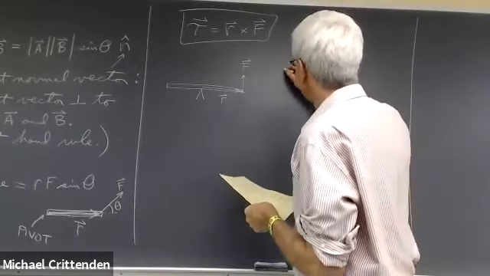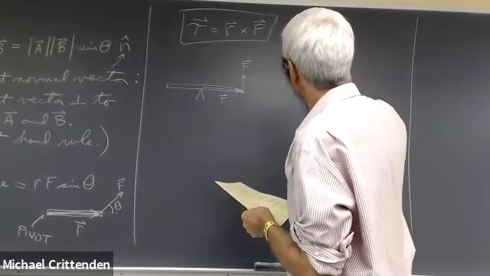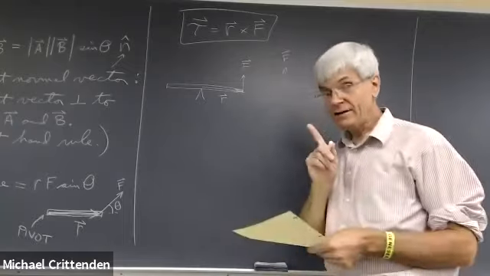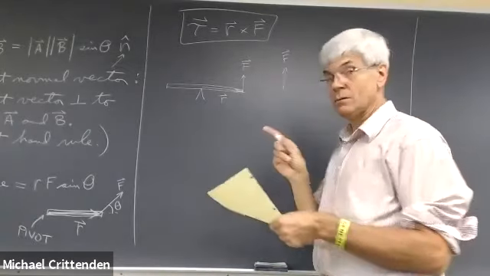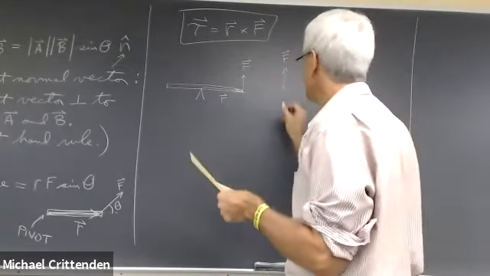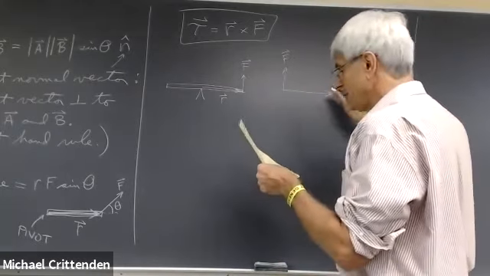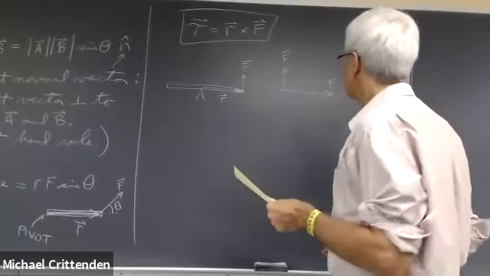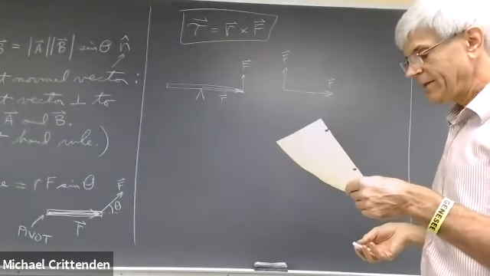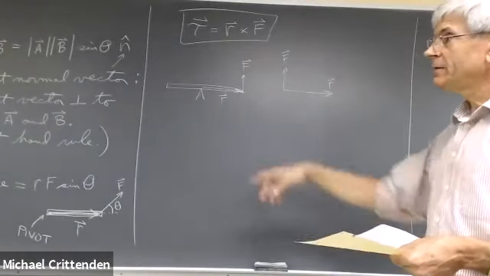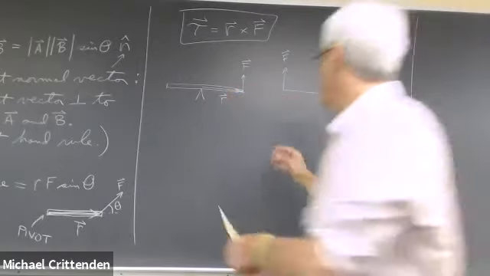One way or another, if you draw them with their tails together, head to tail is for addition. We're talking about multiplication now. Draw them with their tails together so that it forms an angle like that, and then do the right-hand rule the way I was talking about it.